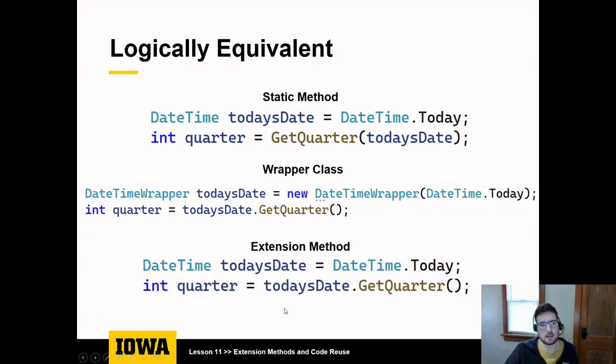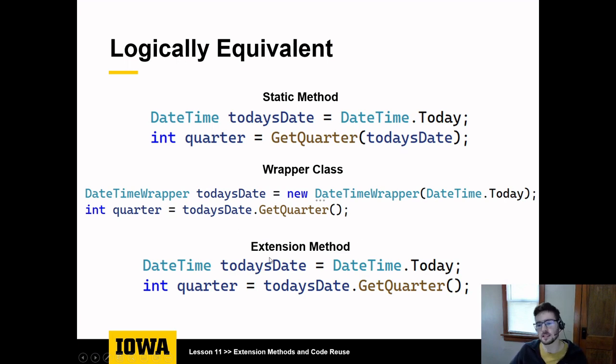To see them all side by side, we have the static method: given a DateTime, you call GetQuarter, pass in your DateTime, and you get back what you were trying to calculate. We saw the wrapper class: GetQuarter is not part of the DateTime, so you wrap it in a DateTimeWrapper, and then you can call wrapper.GetQuarter.